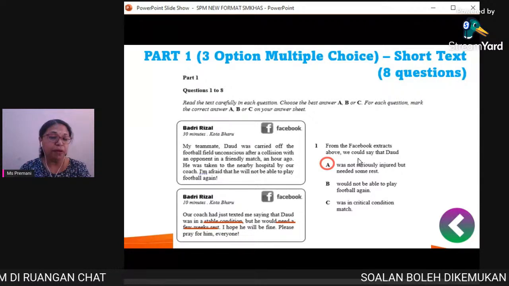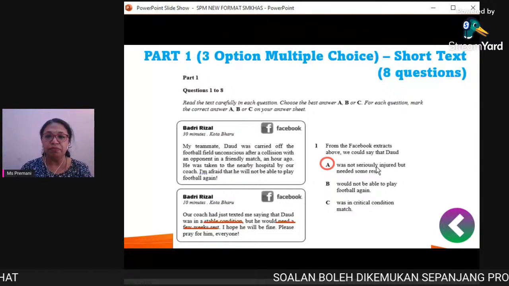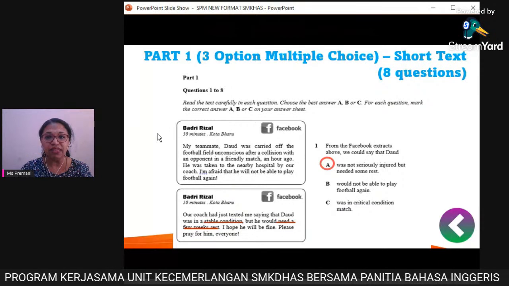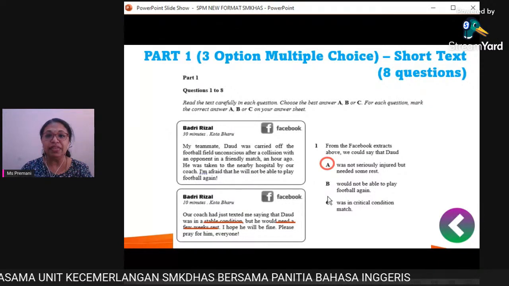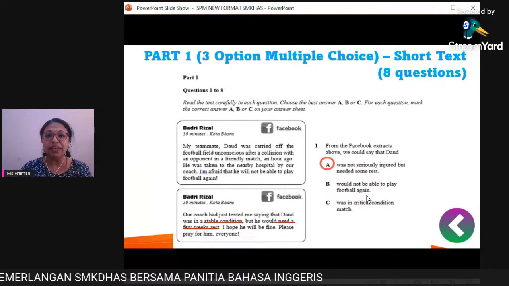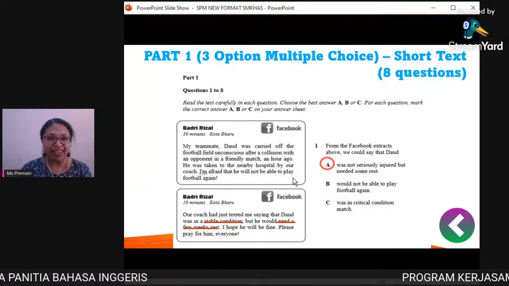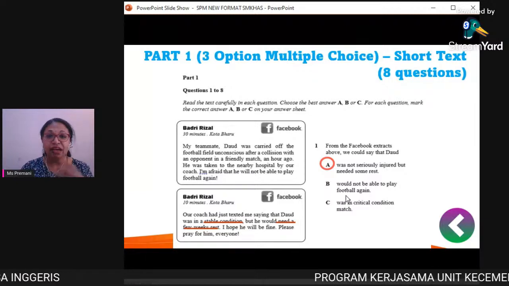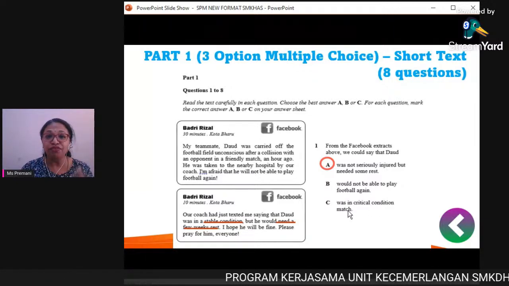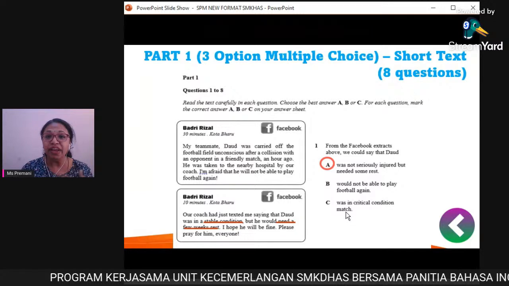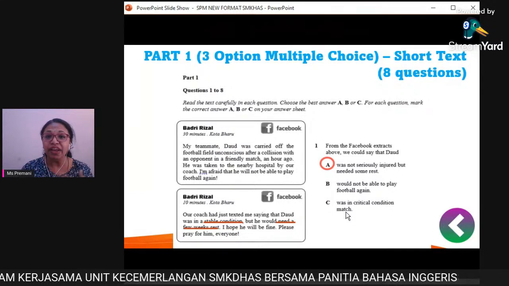So if you read the first part of the question and you look at this question, from the Facebook extract above, we could say that seriously injured but needed some rest, not mentioned in the first part. Would not be able to play football again. Yes, sounds like an answer because it stated was in critical condition match. Students do not know the meaning of match.